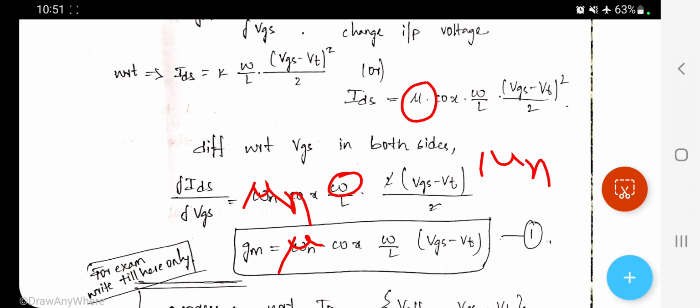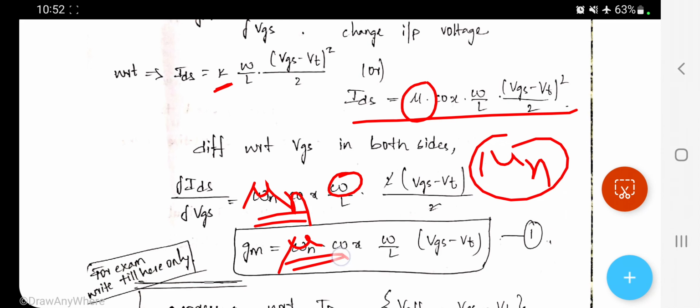The definition of K already includes mu into COX into W by L, which is also in the equation for IDS. So mu n is the mobility of electrons.